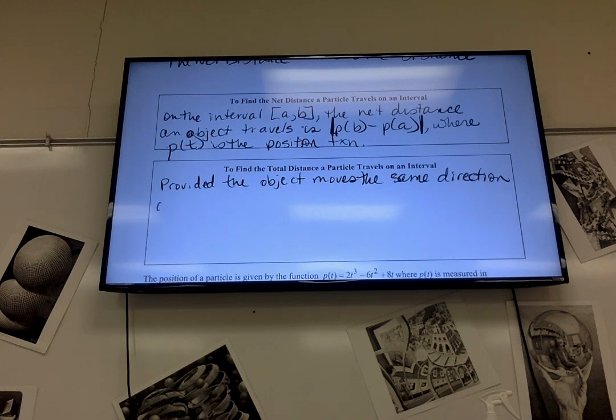You're right, because it's a distance on the interval A to B. The total distance is the same, we said, if they go in the same direction. So it's P of B minus P of A.